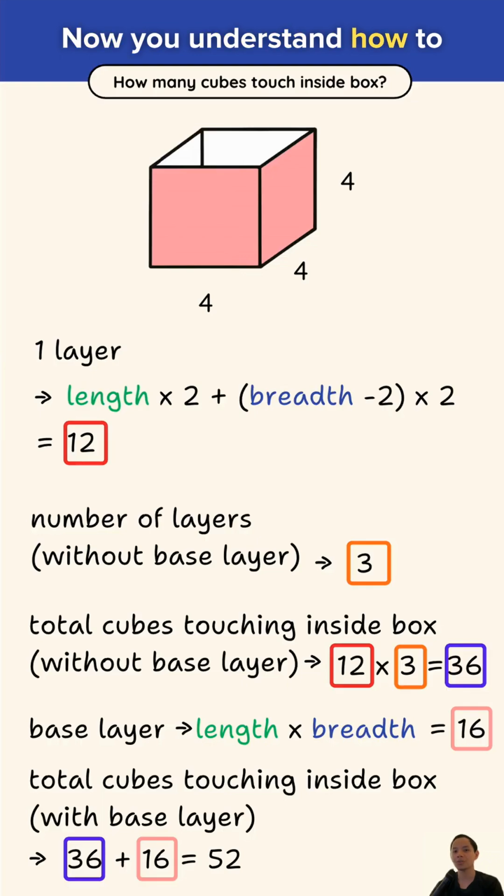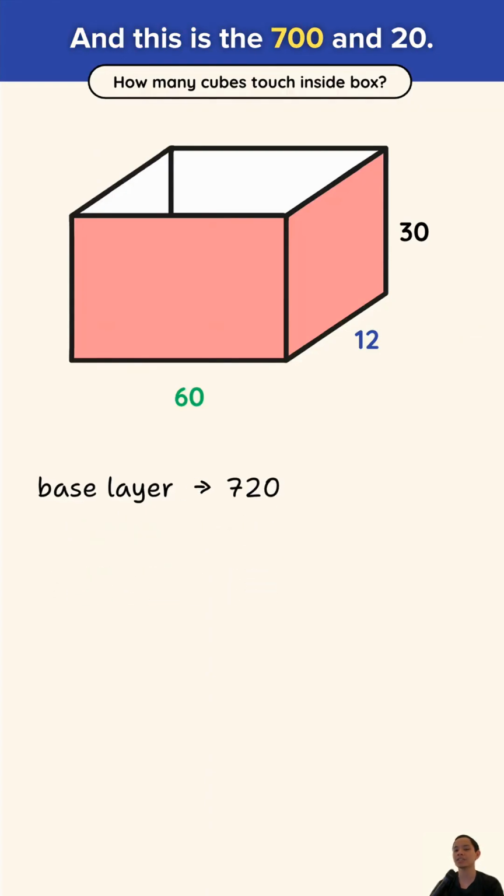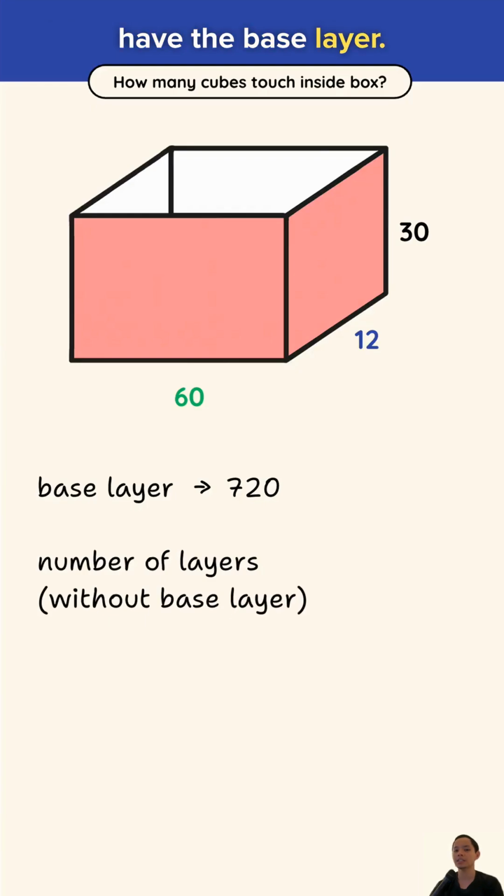Now you understand how to get the number of cubes touching inside a box in an open box, in this case over here. Then we can just calculate from our question. So the first step that we did was to get the base layer, which is length times breadth. And this is 720. Then the number of layers without the base layer.